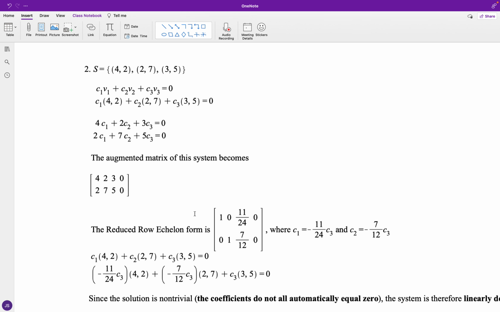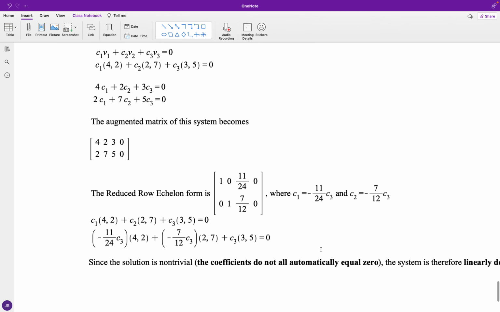The reduced row echelon form becomes 1, 0, 11/24, 0, and 0, 1, 7/12, 0, whereupon c1 is equal to negative 11/24 c3, and c2 is equal to negative 7/12 c3.